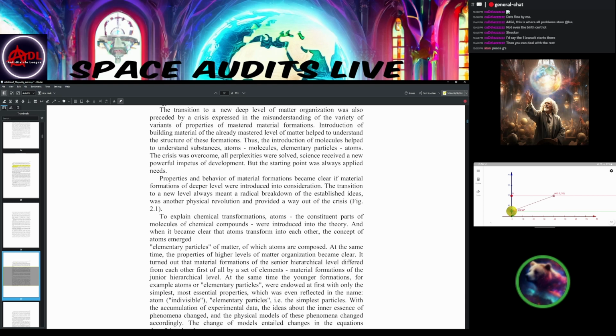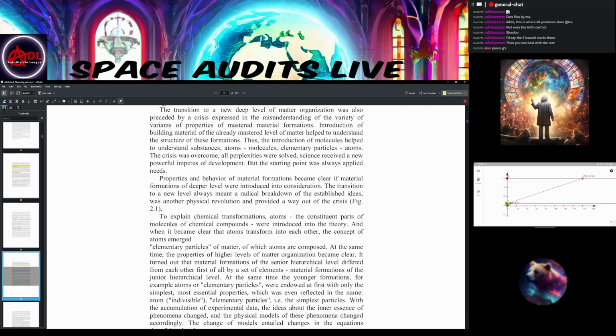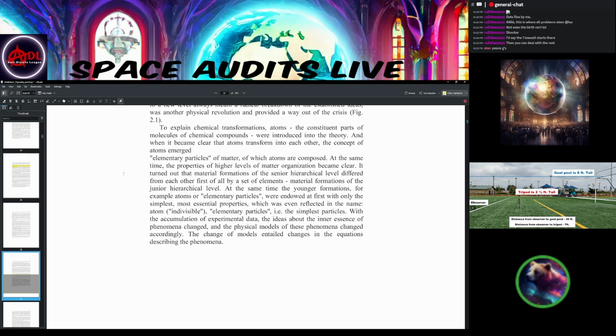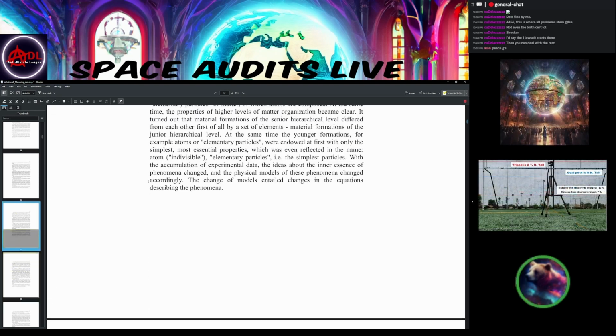Properties and behavior of material formations became clear if material formations of the deeper level were introduced into consideration. The transitions to a new level always meant a radical breakdown of the previously established ideas, another physical revolution, and provided a way out of the crisis. Figure 2.1, don't have anything to show for that.